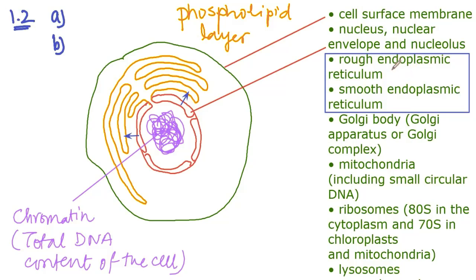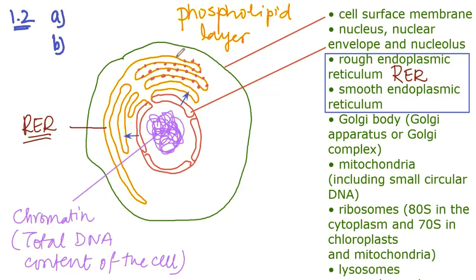The rough endoplasmic reticula are also referred to as RER, and they are called rough because their outer surface appears rough due to the presence of small tiny structures on them. These small tiny structures are actually the smallest organelles present in the cell.